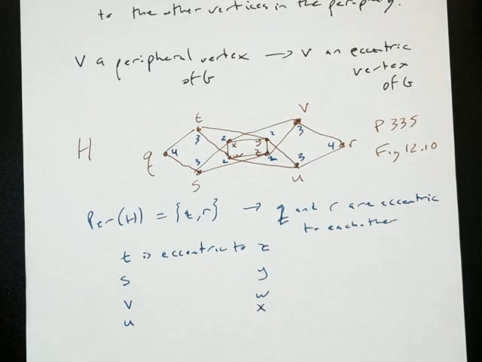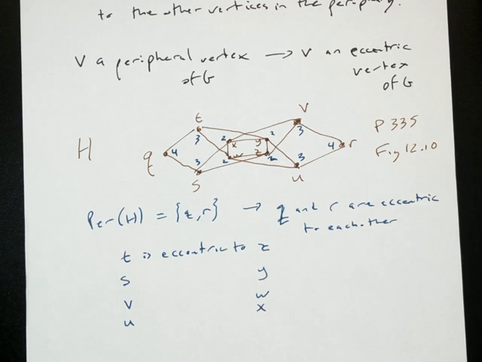What about W, X, Y, and Z? Is W eccentric to anything? To get from R to W takes 2 steps. That would make R eccentric to W. Is W eccentric to something?